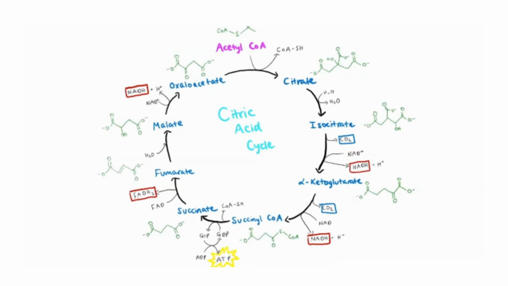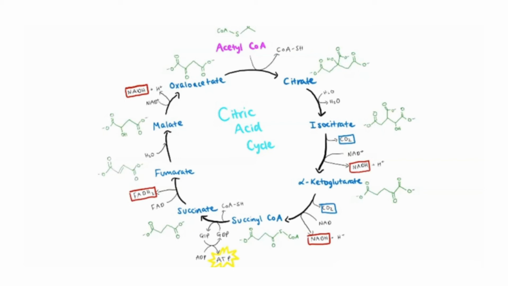But we're multiplying everything by 2 because we had 2 pyruvate molecules, which means from 1 molecule of glucose in the presence of oxygen, we are going to produce 6 CO2, and that's exactly what we have in the equation we've been talking about. Glucose plus oxygen is going to give us 6 CO2, water, heat, and ATP. So that accounts for the 6 CO2.